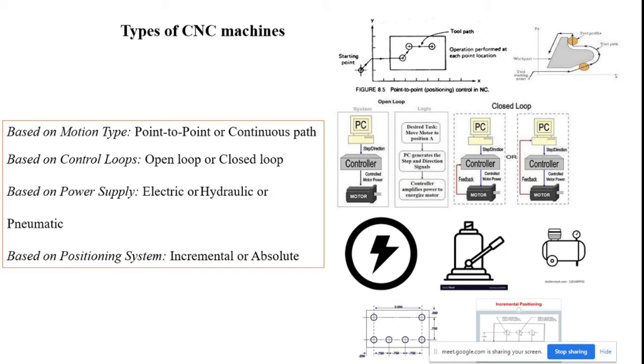Here, based on motion type, the motion can be controlled point to point or continuous. What is point to point? Here you see the top image, the starting point is available. After giving the program, the spindle is moved from the starting point to the first position.